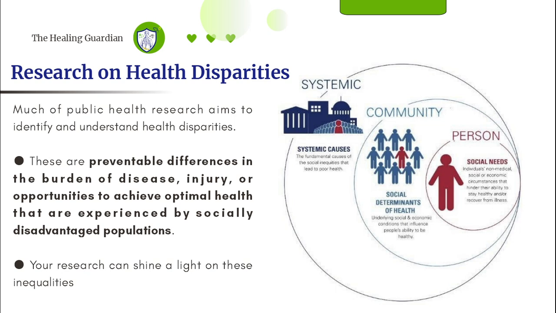The health disparities are preventable differences in the burden of disease, injury, or opportunities to achieve optimal health that are experienced by socially disadvantaged populations. So your research can shine a light on these inequalities, meaning in the area you want to study, first look at the health disparities in that area.